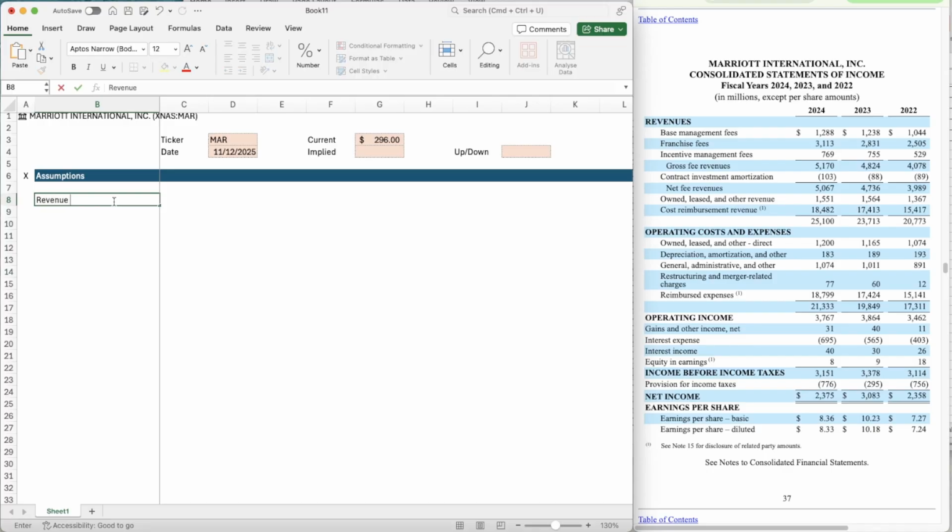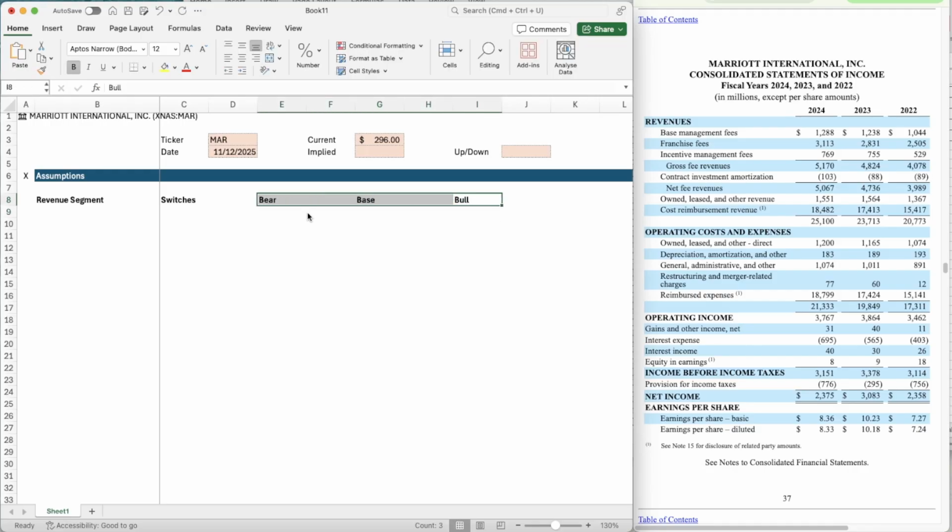Now we want a revenue segment, which is bear, base, full. I'll explain when we get to them how we're going to use these in the assumptions. So for the revenue segments, we want base management fees.